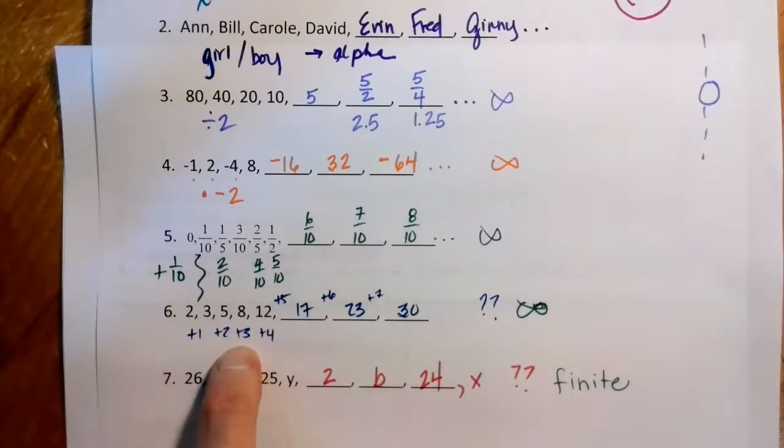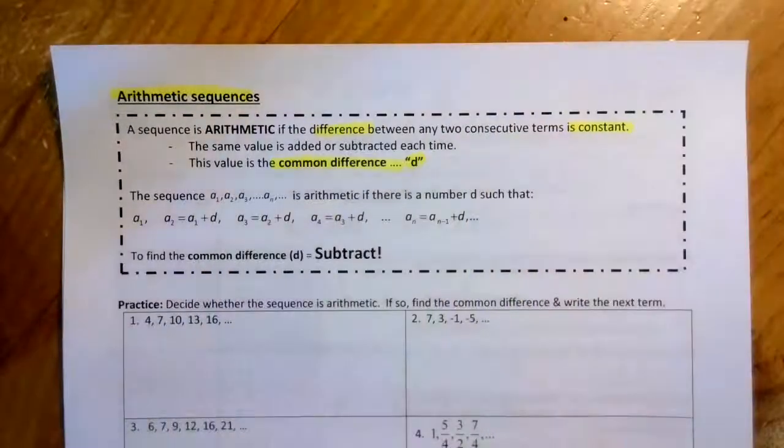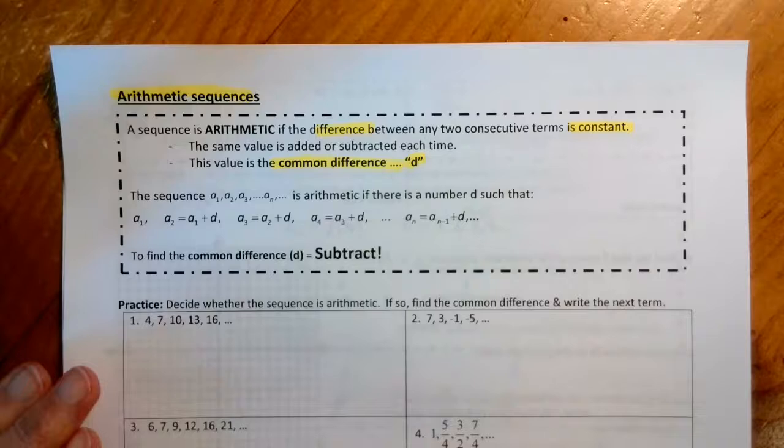If you look at number 6, this is not a common difference because I was adding a different term each time. So when we talk about these sequences, we want to make sure that we're looking at each of those n values for the placement of the term and then what happens in between.